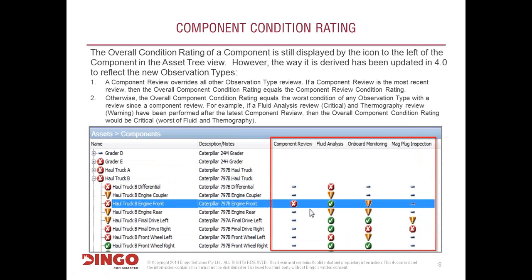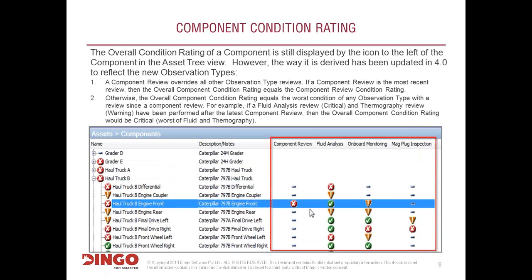So some details about how the component condition rating works now in Trakka. The overall condition rating of a component is still displayed in the little icon to the left of the component. So you can see in that screenshot, haul truck B engine front, the little red cross to the left means it's in critical condition.